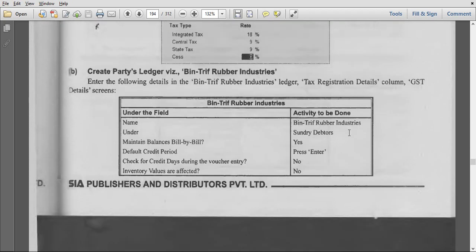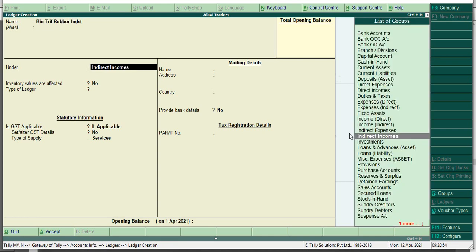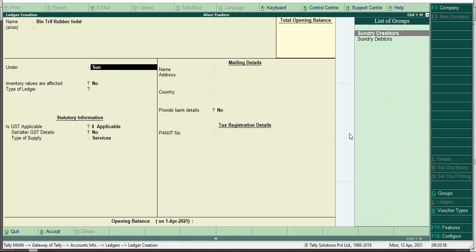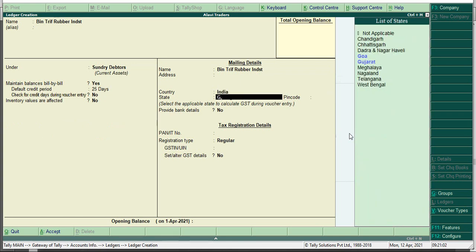Next, Bintriff Rubber Industries. He will be sundry debtor. He is from Goa.